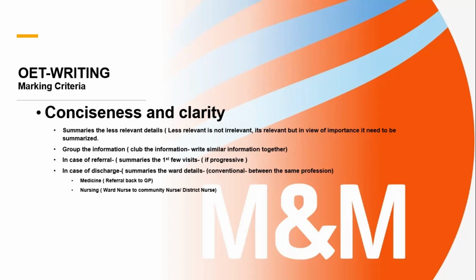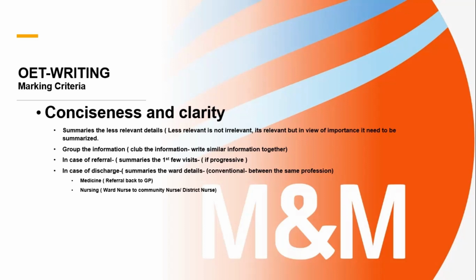Similarly, in the letter of discharge, you can find a lot of information about the ward stay. The ward stay might not be of that much significance to write down, as I've seen that people try to follow the sequence of the information given in the case notes.